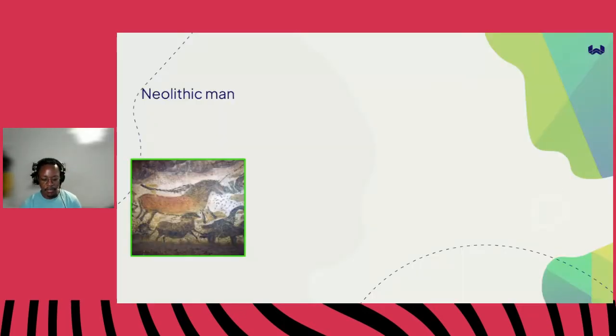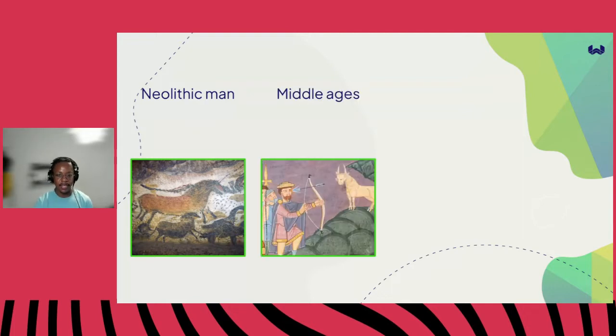In the beginning, we had Neolithic man, right? They would do cave paintings. This is how they communicated, how they would show and document. This is how we know how Neolithic man lived. We look at these cave paintings.